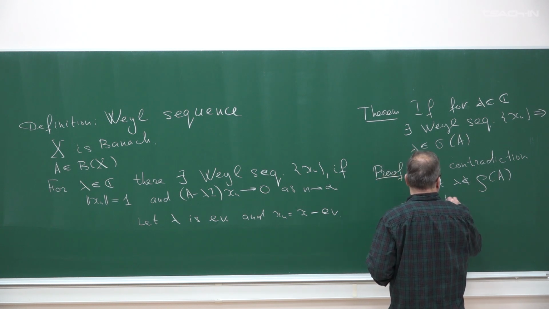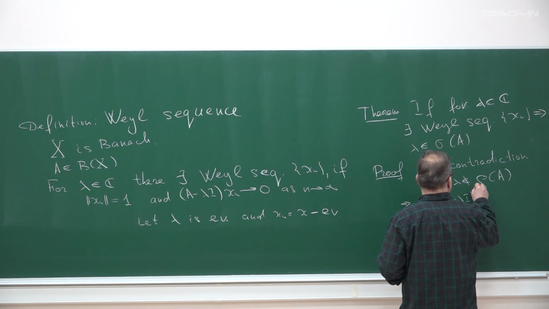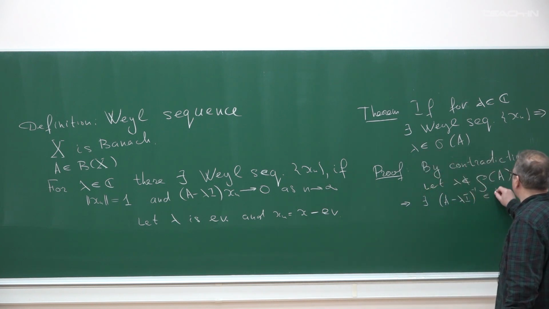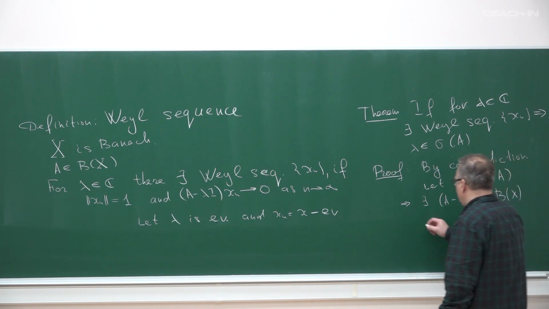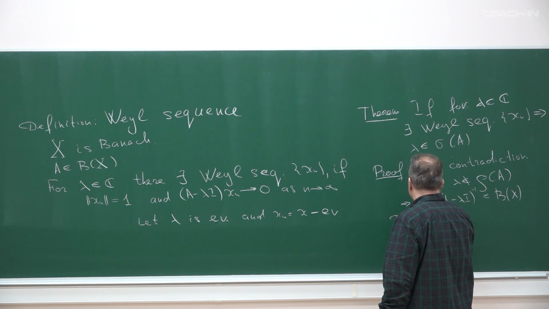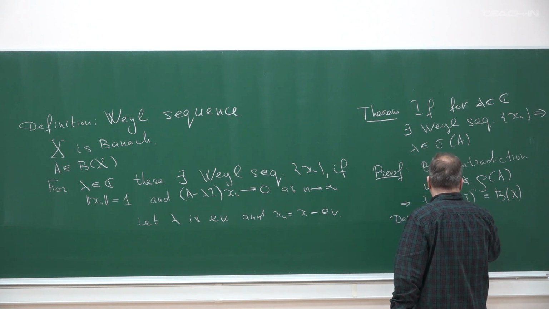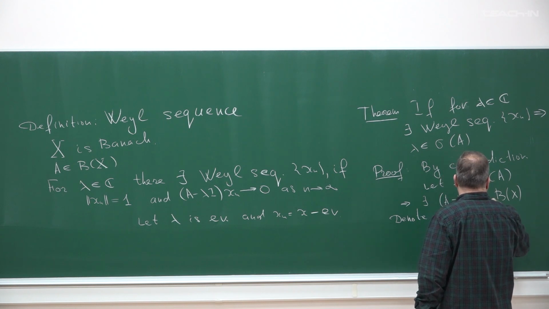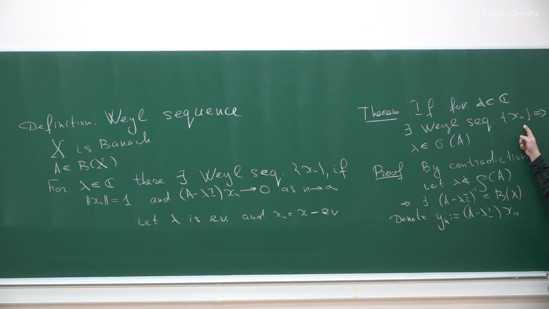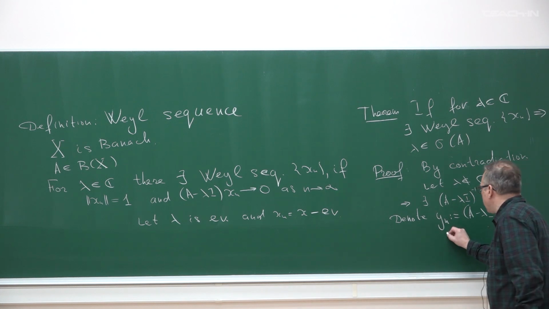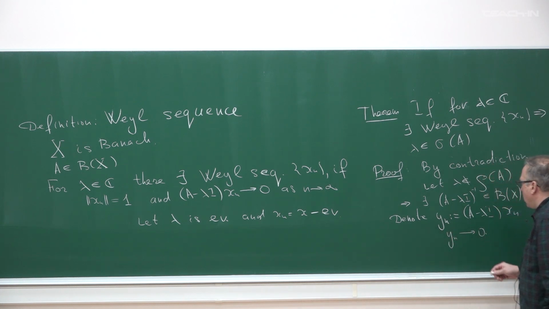It exists, and it is bounded. Let us denote Yn as the result of our operator on xn. Xn is a Weyl sequence. What do we know about Yn by the definition of a Weyl sequence? It tends to 0, yes? So Yn tends to 0.